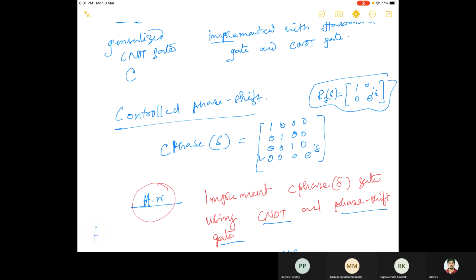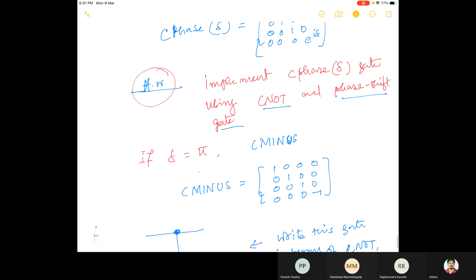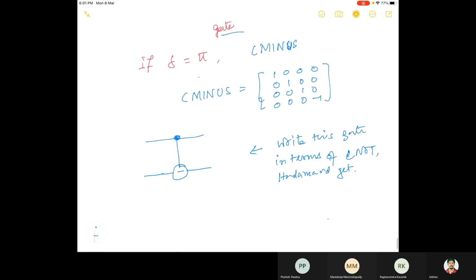Now we'll talk about the first question here. We have seen that the Toffoli gate and the Fredkin gate are universal as well as reversible for classical computation.